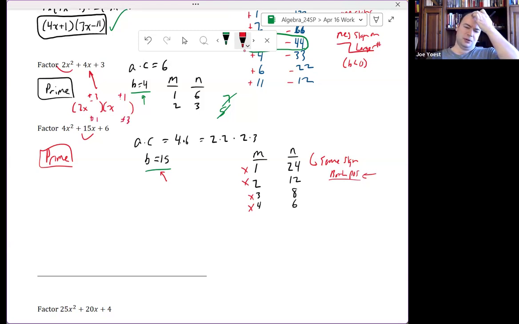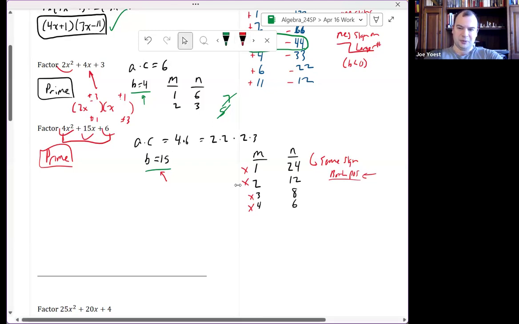So there just weren't a whole lot of options to try. And it's pretty easy to see from looking at the problem that these are the only options, and I could exhaust them pretty quickly. This one, this would have been a nightmare to guess and check, to try to work through all of those different 1 and 4 versus 2 and 2, and then 1 and 6 versus 2 and 3, and all those different combinations.